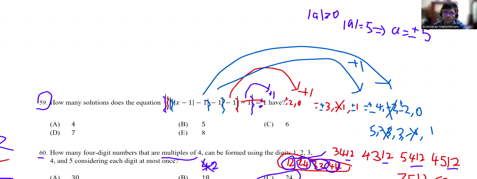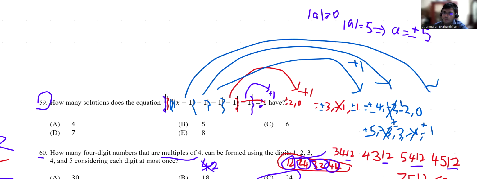That is plus or minus 5, plus or minus 3, plus or minus 1. Add that one to the right side, then x has 2, 4, 6 values. Altogether 6 possibilities. So the answer is C. So these are the answers for question number 51 to question number 60.